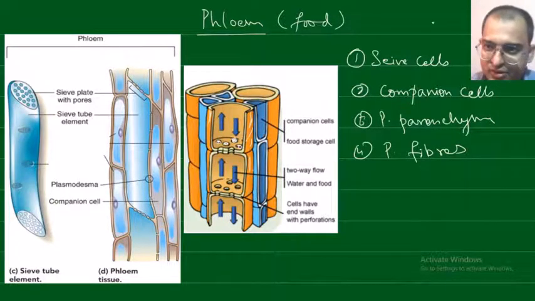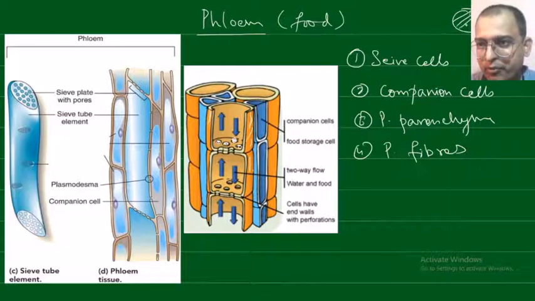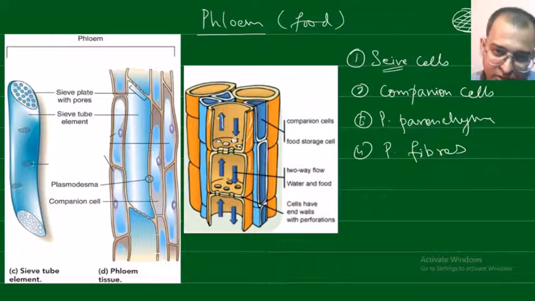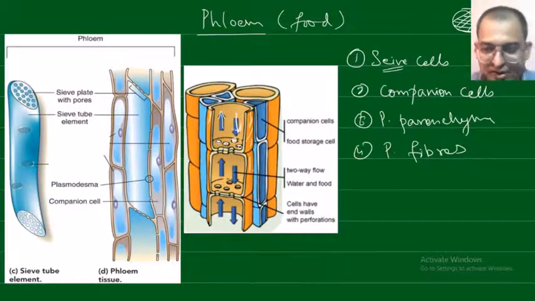A sieve is what we use for rice and other things, this kind of mesh-like system. The same kind of mesh is there here, so this is known as a sieve, and these are the sieve cells. You can see that the direction of transport is both sides, upwards as well as downwards. Sieve cells have cross walls, and these cross walls have these sieves. Comparatively, they have a thinner cell wall than the xylem.